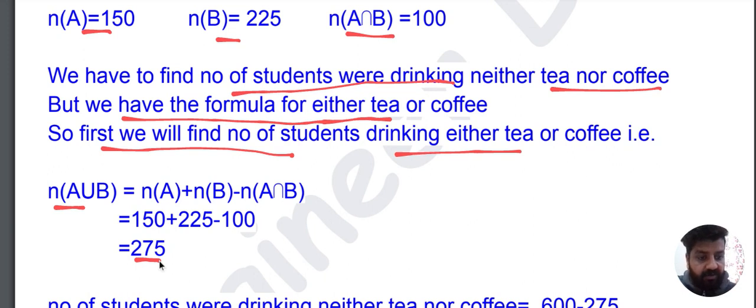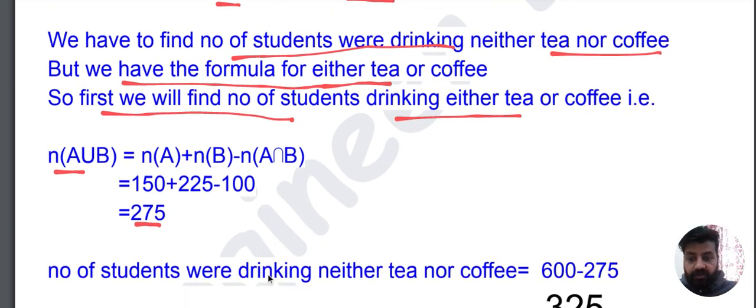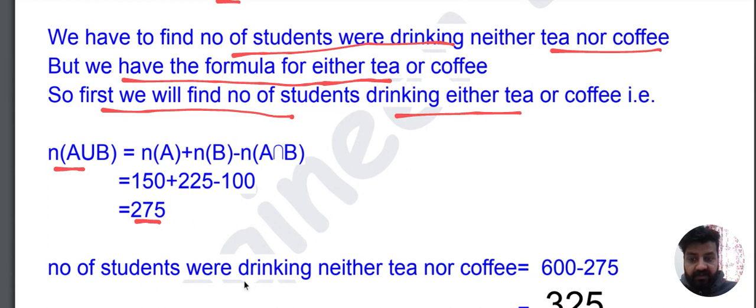So if we have to find the students who were drinking neither tea nor coffee, now we have to find the students who take no beverages: they don't take tea, and they don't take coffee.